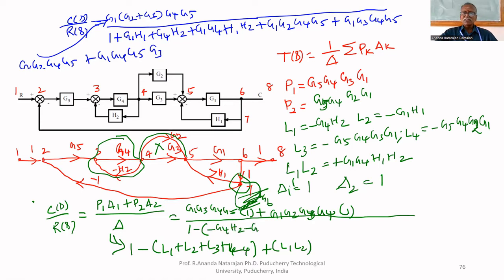L2 is minus G1 H1 minus G5 G4 G3 G1 minus G5 G4 G2 G1 plus L1 L2 is what? G1 G4 H1 H2. That's all.